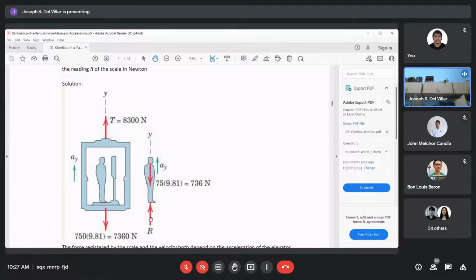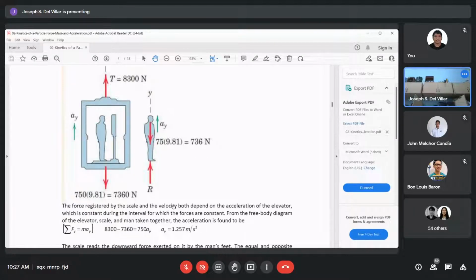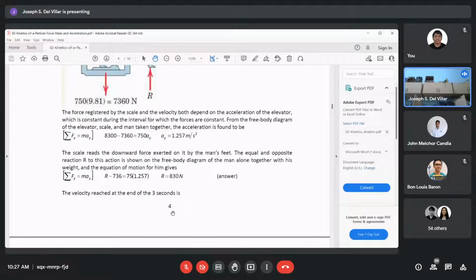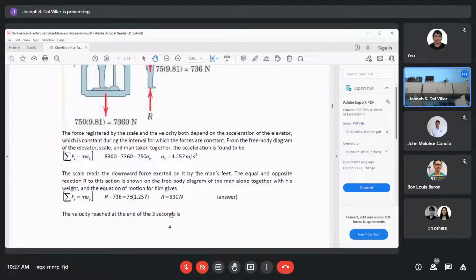So may action, which is the weight of the man, and then magre-react yung scale upward. Okay? So, from there, makukuha na yung reading on the scale. Okay? Because of the equation, summation of forces along y is equal to m ay.